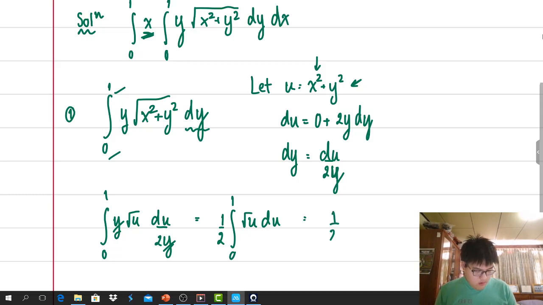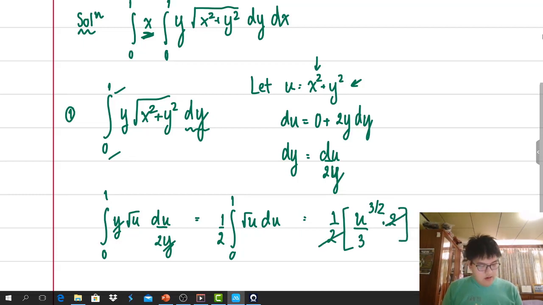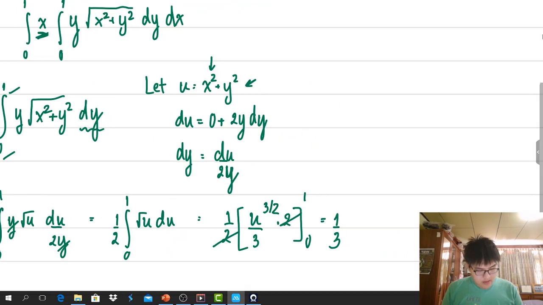It will increase the power by 1, so we get 1 over 2 plus 1, u to the 3 over 2 over 3 over 2. Then the 3 and 2 we cancel out, and this one gives 1 over 3 times u to the power 3 over 2, with bounds 1 and 0.